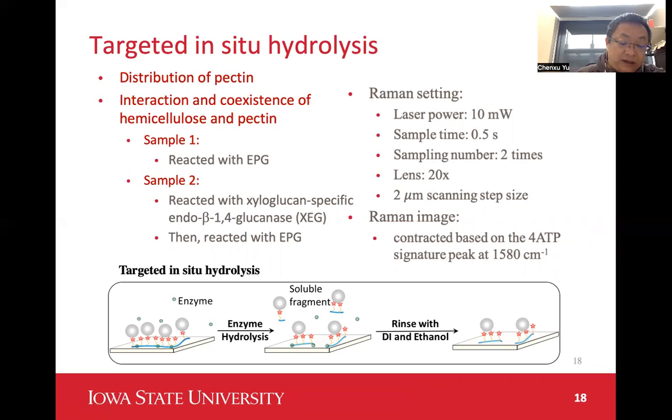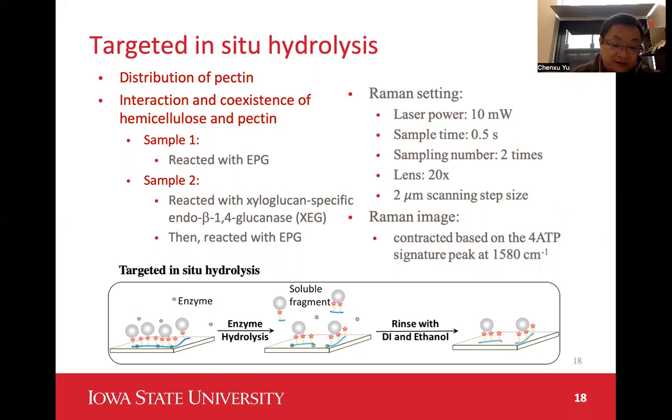If we hydrolyze away the hemicellulose first, that will expose the pectins for further enzymatic hydrolysis. And if we do this in sequence, by analyzing the changing signal before and after hydrolysis, that will allow us to identify those regions where colocalization of hemicellulose and pectin are occurring.